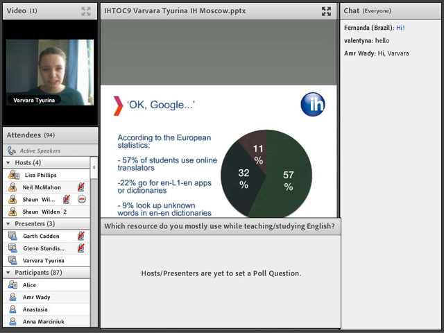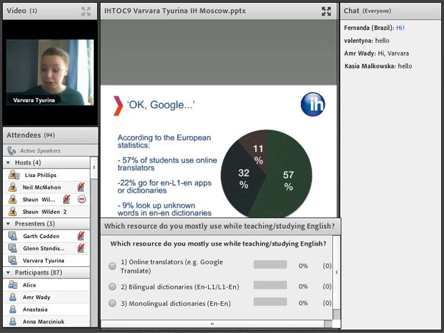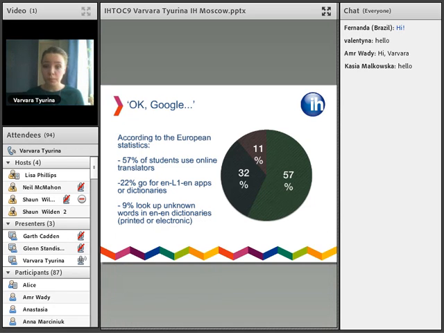Only 9% of students prefer to rely on English to English dictionaries, which are monolingual dictionaries, which makes the online translators the top of the list.